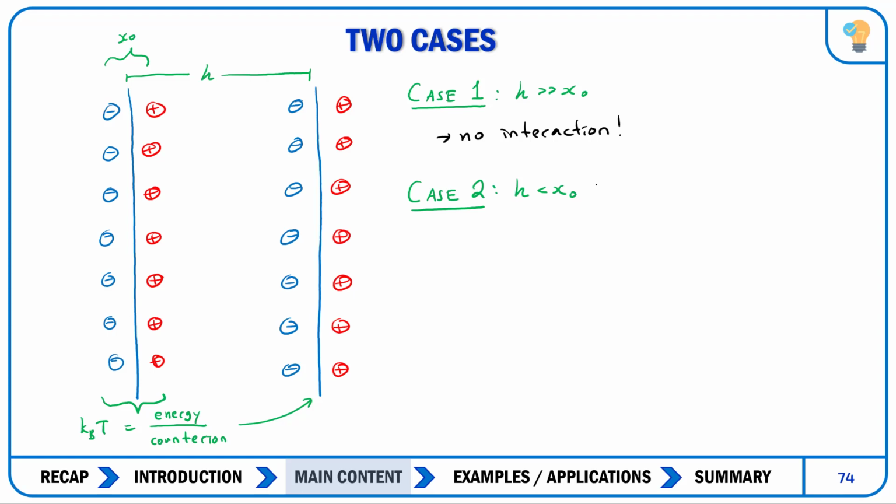So essentially, this means H approaches 0. So you're trying to stick these two layers really, really close together. And when that happens, we can assume that positive counter ions are released.